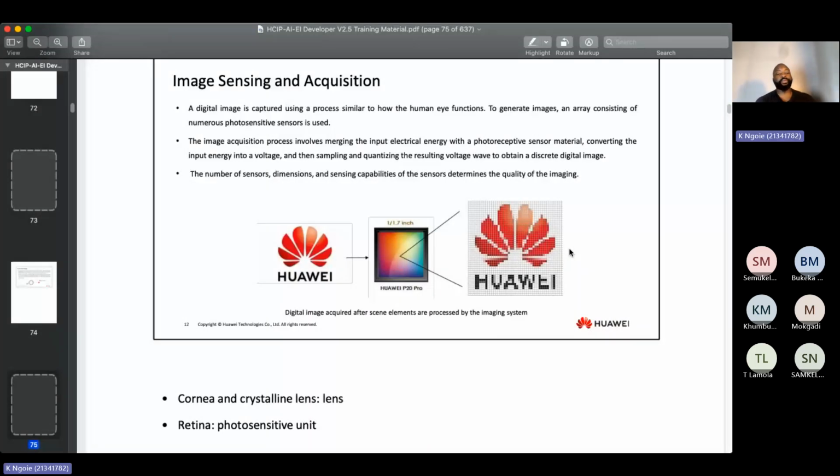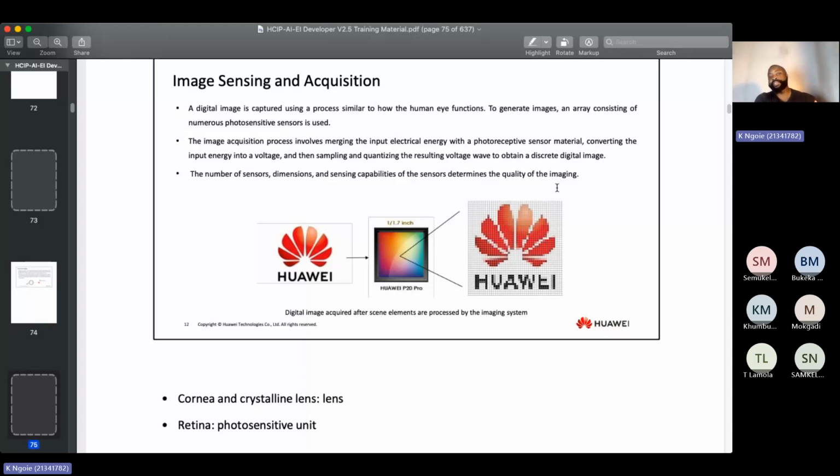Okay, so what I was saying: the same way the eyes reflect the light on the object, cameras have been created the same way, right? To get an image, it's a process similar to the one used by human eyes to generate images.